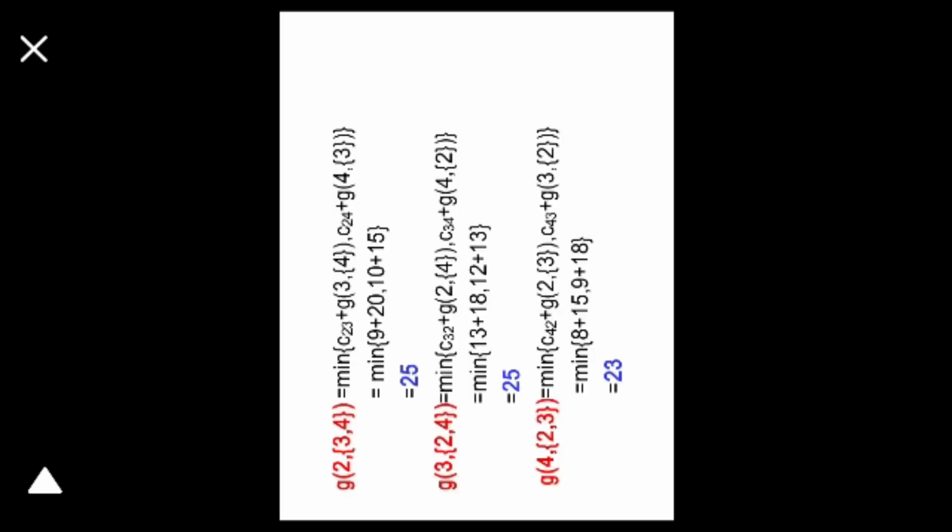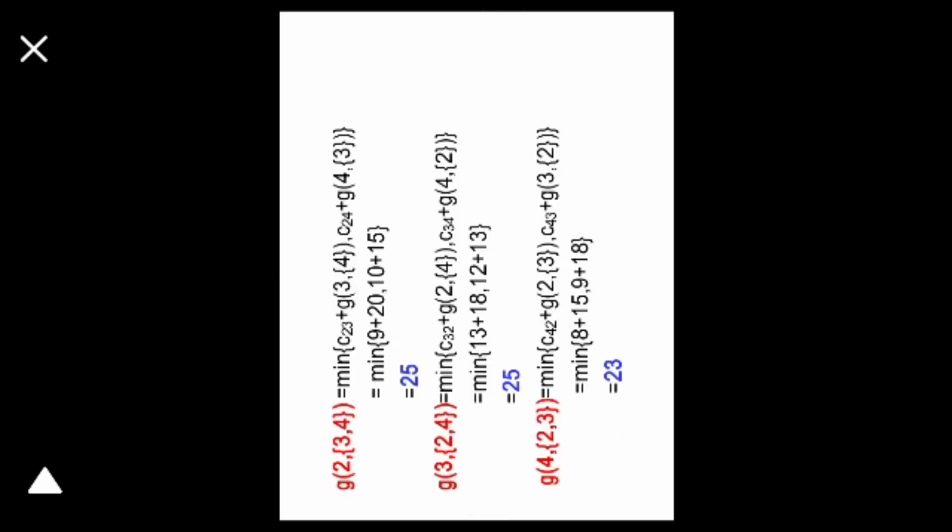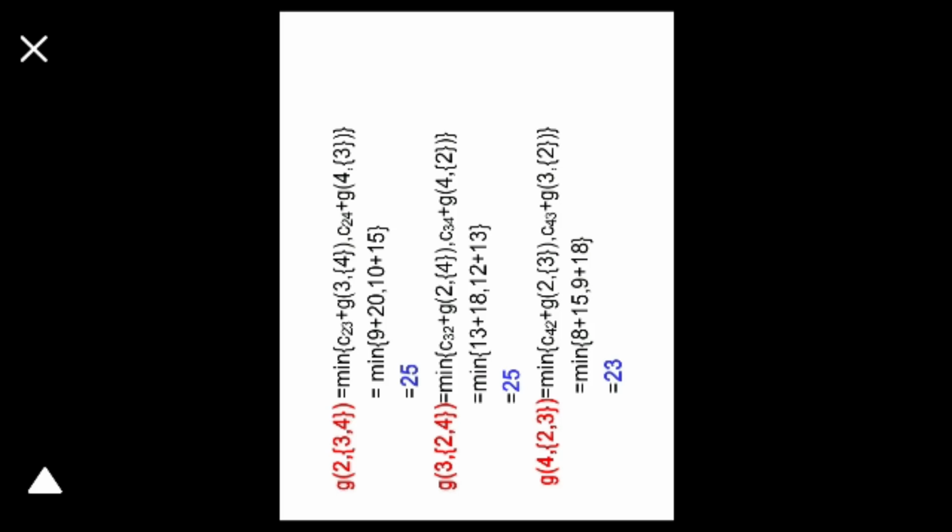G of 2, 3, 4 is the minimum of C of 2, 3 and C of 2, 4. So if I reach 2 to 3 it is 29. If I reach from 2 to 4 it is 25. So here I have taken 25, which means it is from 2 to 4. First I have started from 1, then we have reached city 2, then I have to reach city 4. 1 to 2, 2 to 4.